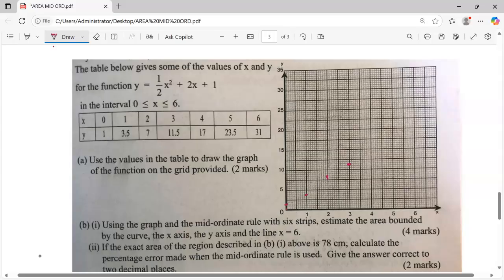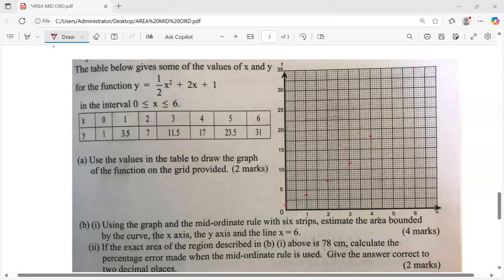When the value of x is 4, the value of y is 17. We have 15, 16, 17 is around this point.